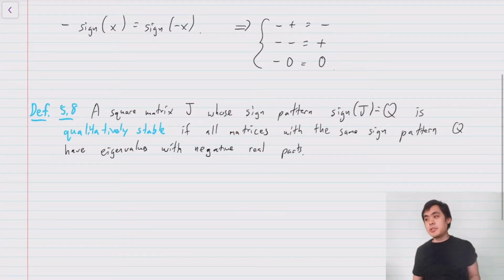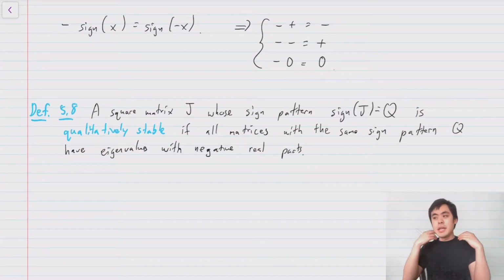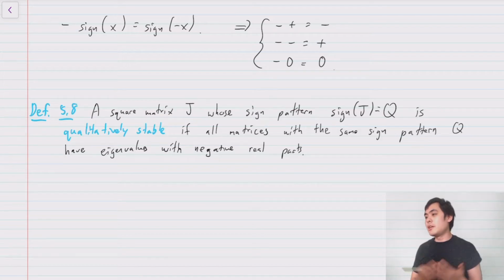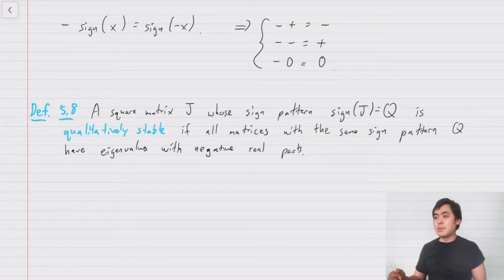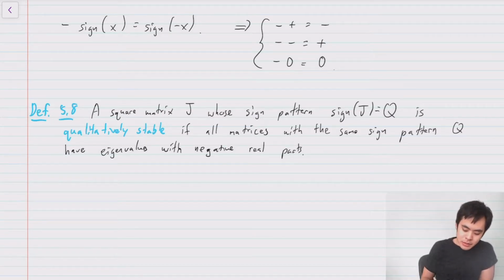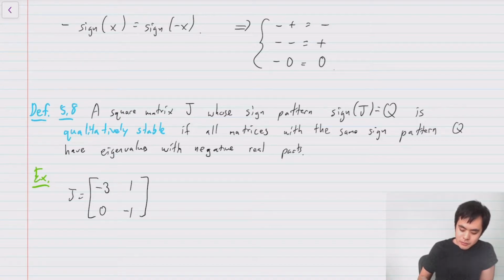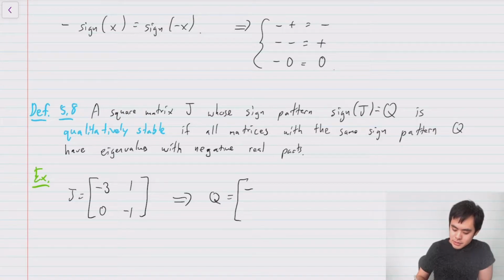Okay, so sometimes it'll turn out that just by looking at whether the entries are positive or negative, you can immediately tell that all the eigenvalues have negative real parts, which would imply that an equilibrium with that as the Jacobian would be locally asymptotically stable. So for example, if we have the matrix J equal to minus 3, 1, 0, minus 1, that implies that Q is equal to minus, plus, 0, minus.